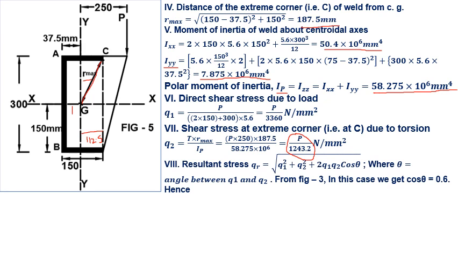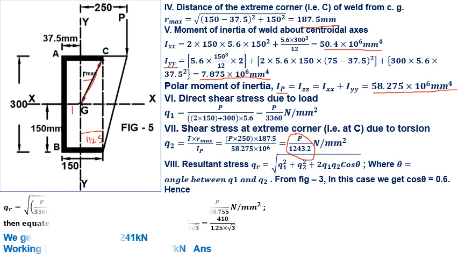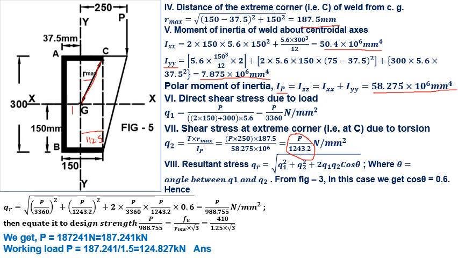In the 8th step, we have to calculate resultant stress, where theta is the angle between Q1 and Q2 from figure 3rd, and in this case we get cos theta equals 0.6. Hence, we get resultant stress QR equals P upon 988.755 Newton per mm square, and then equate this to the design strength, that is Fu upon gamma mw multiplied by root 3.